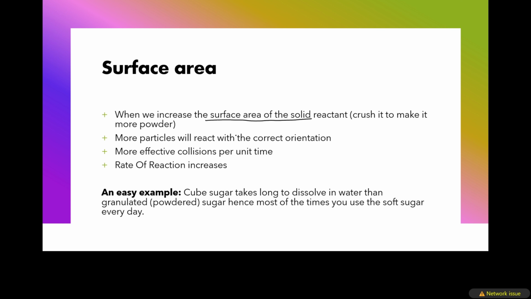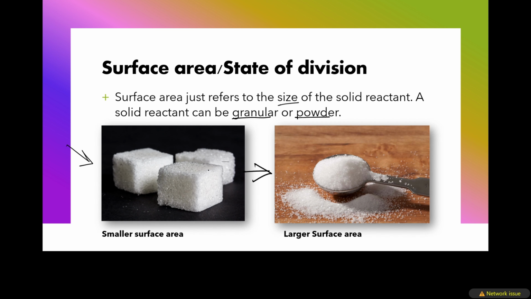So when we increase the surface area of the solid, that's the first mark, what will happen? There will be more particles that will react with the correct orientation. If you take this block of sugar and put it inside water, it will not dissolve easily. But if you take this powdered sugar and put it in a cup of water, it will dissolve easily. So it means it reacts quickly with water.